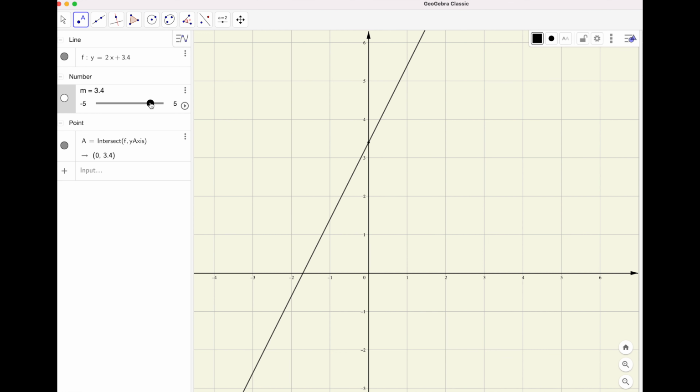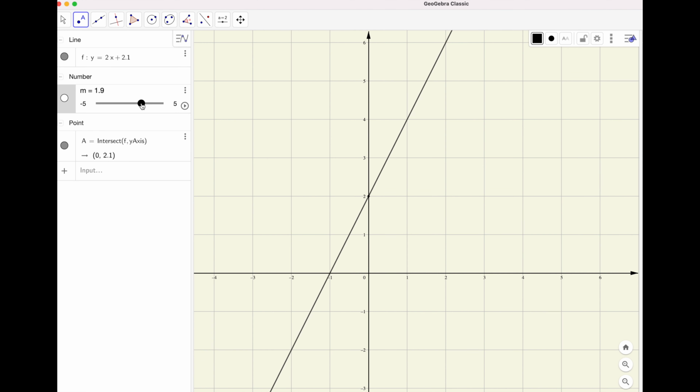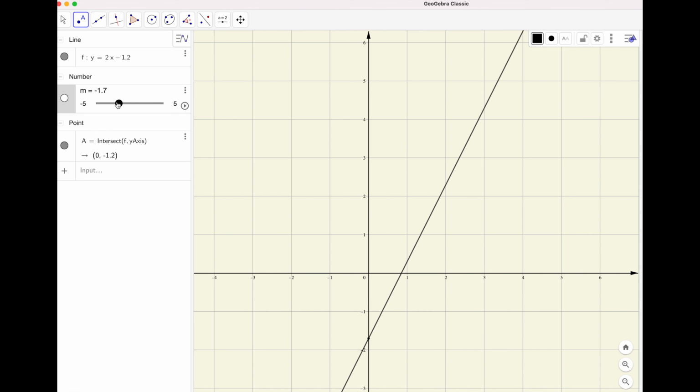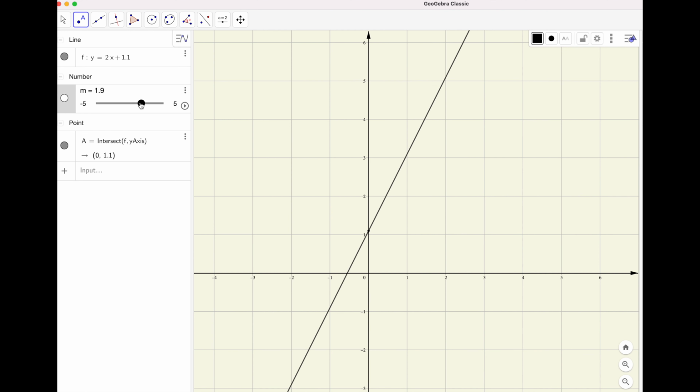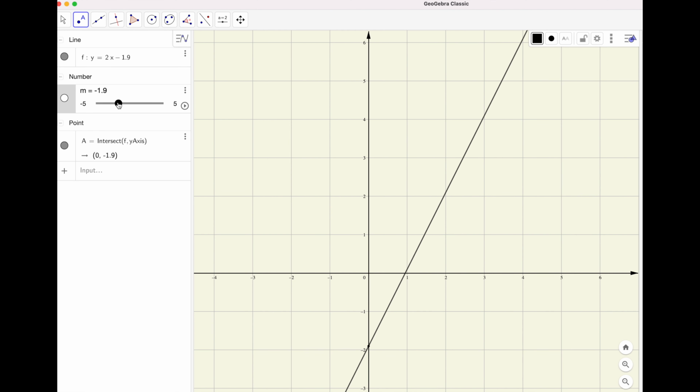But with respect to x, it is acting weird. It is going to the left. And when I decrease it, with respect to y, it acts normally. It goes down. But with respect to x, it acts a little bit weird. It goes to the right. But don't worry about the x direction for the time being, just the y direction.